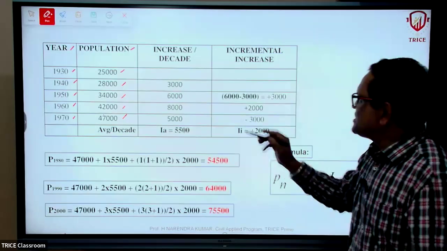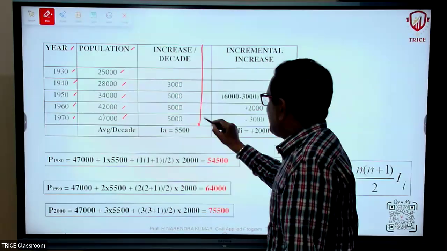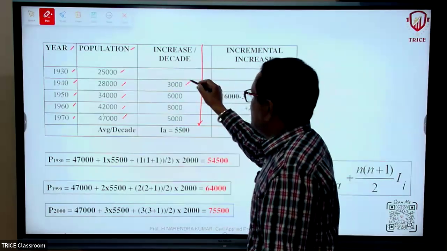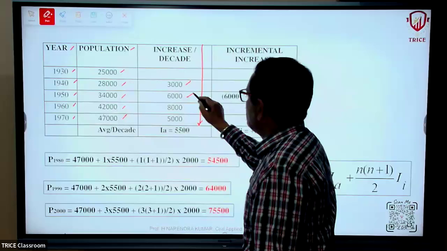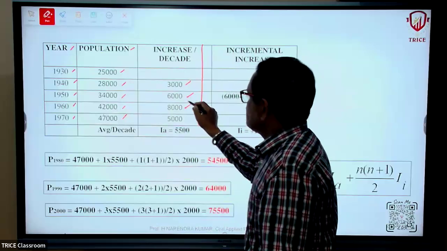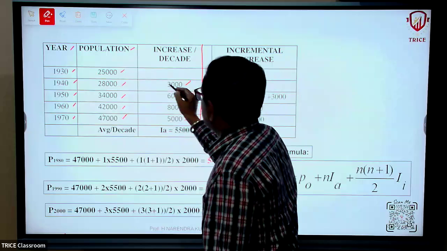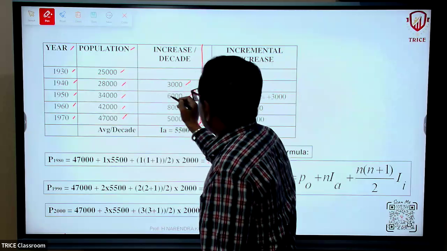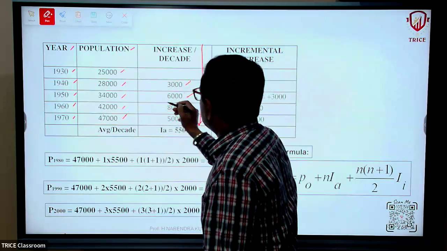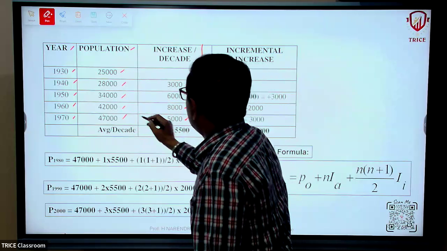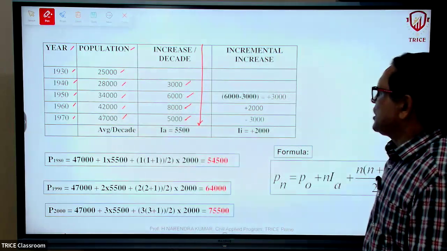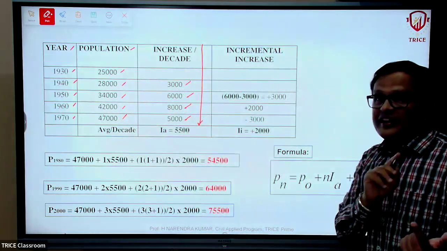This column is mandatory. So increase per decade 3,000 for the first, 6,000 for the second, 8,000 for the third, and 5,000. It is nothing but 28,000 minus 25,000, 34,000 minus 28,000, 42,000 minus 34,000, and 47,000 minus 42,000. So all are positive values. So you must be very careful here.